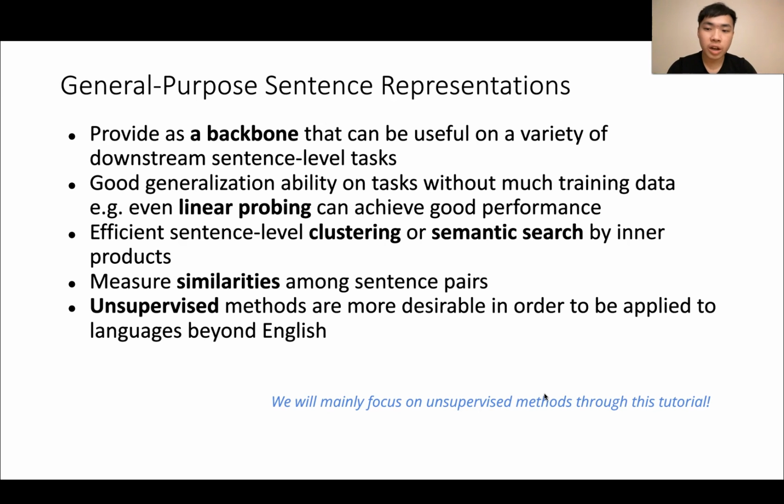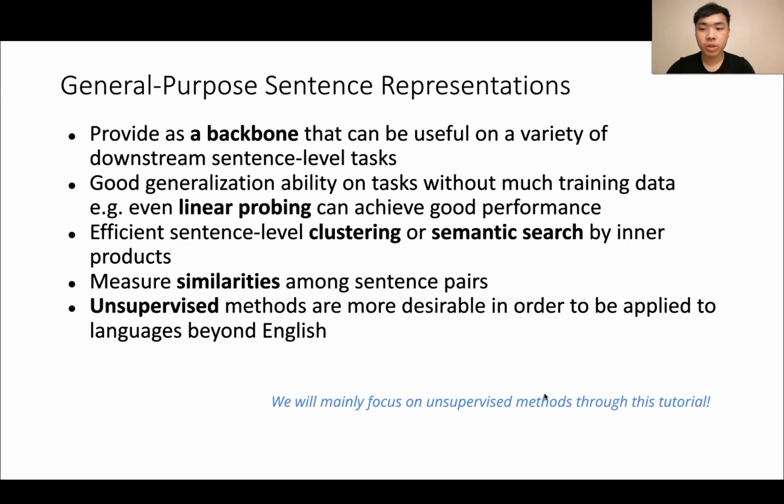And also, if we have a sentence encoder model, we can extract the sentence embedding for all the sentences in the corpus so that we can do clustering or semantic search very easily just by inner product, because we can measure the similarity of all the possible sentence pairs very easily.